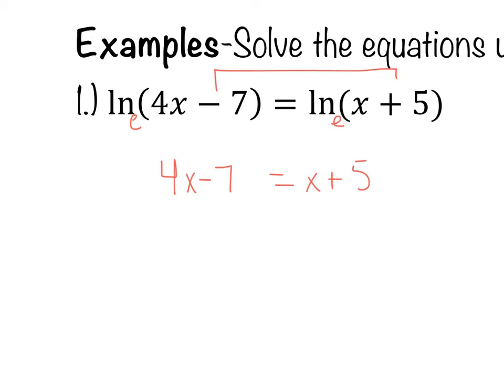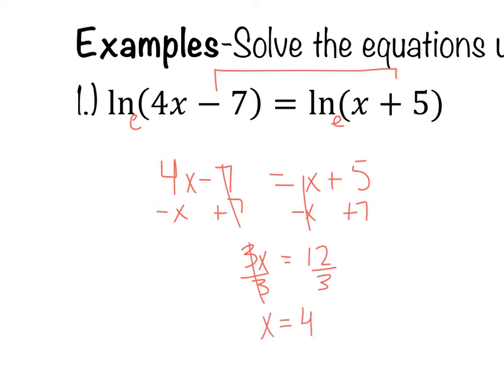And then solve. Subtract the x over, add the 7 over, and I end up with 3x equals 12, which when I divide, x equals 4.